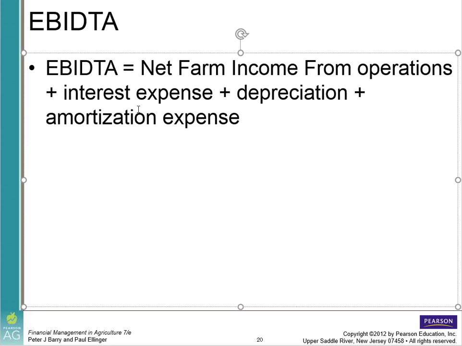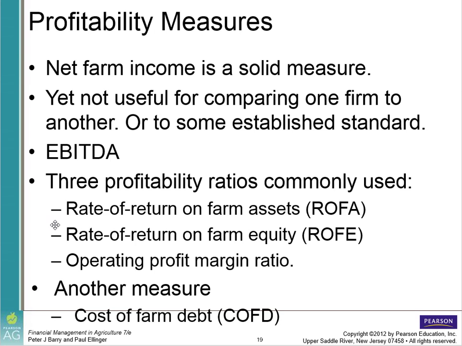So again, you could have any number of examples, but as you can see, the calculation is fairly straightforward. Now, let's get to the main ones. The three profitability ratios. The rate of return on farm assets, perhaps the most important term in terms of when you think not just of agribusinesses but big companies.